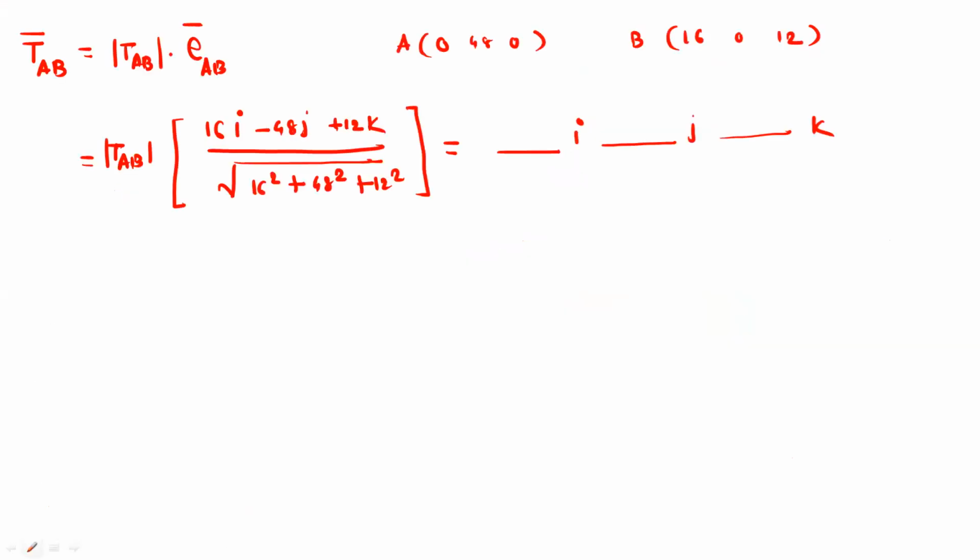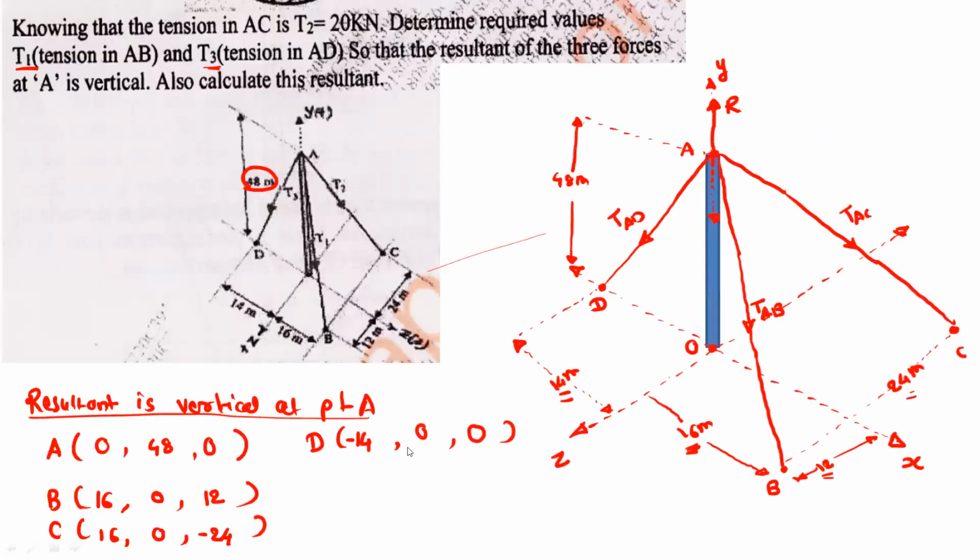Now write the second vector, which is tension AC. This is mod of tension AC into the unit vector in the direction of AC. A coordinates are 0, 48, 0 and point C is 16, 0, minus 24.